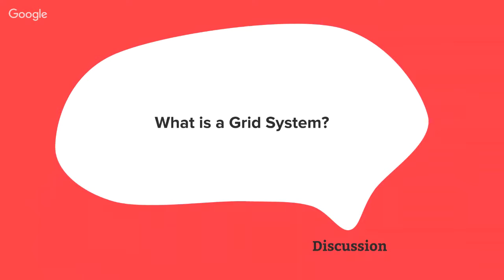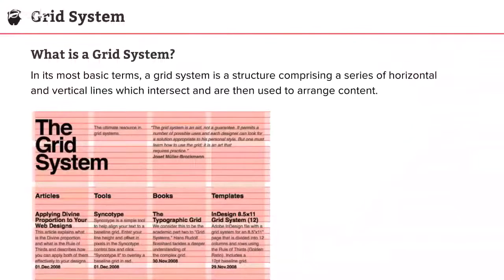Actually, I think yes, more or less. A grid system is a structure of a series of horizontal and vertical lines which intersect and create columns and rows that can be used to arrange the content. So exactly as you described, the grid system is our page that we can use to arrange our content.